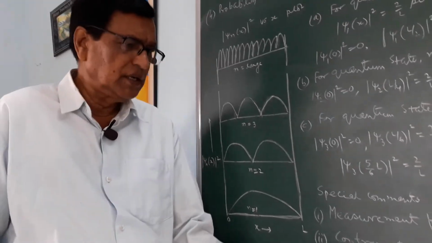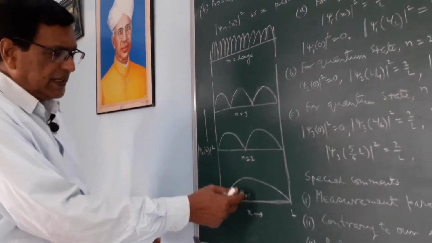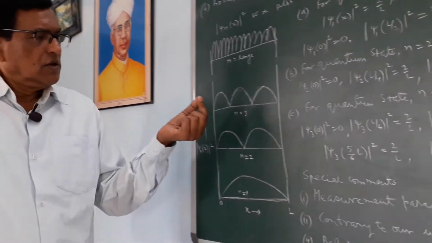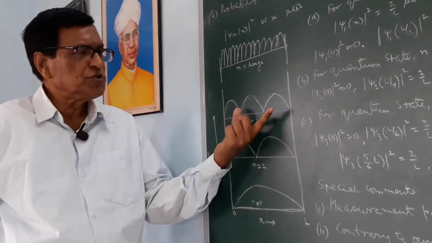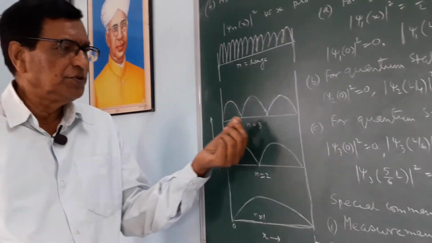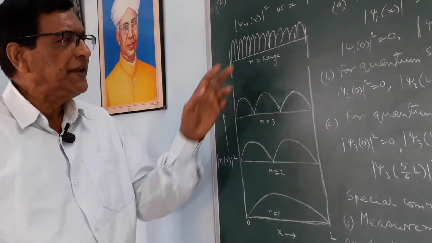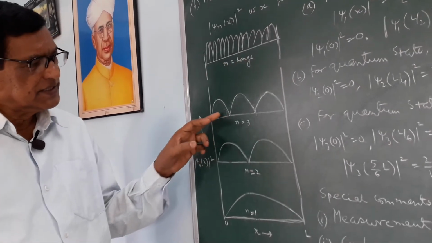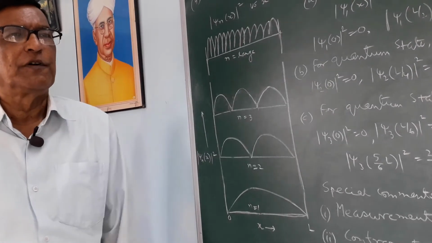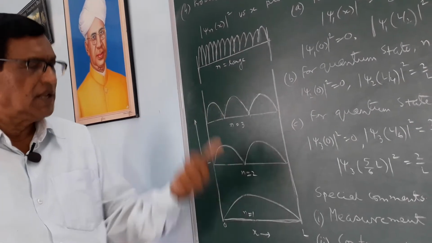Then the third one, Bohr's correspondence. Whenever n is increasing, the quantum state is increasing, the distribution of the locations of the particle within the box becomes more and more uniform. When n is very large, these curves will be like this, meaning complete uniformity occurs for the location of this particle in this box.